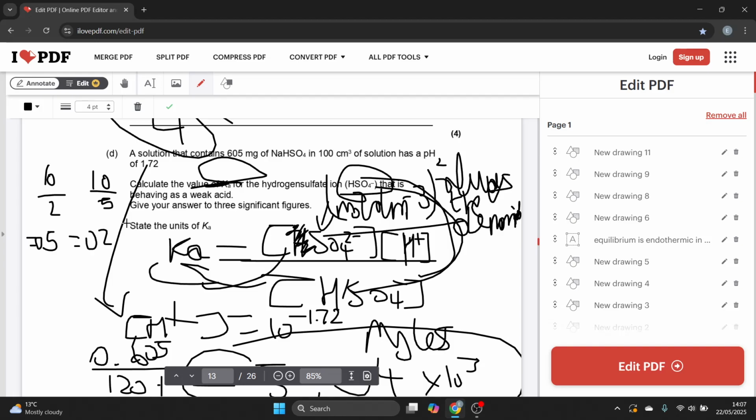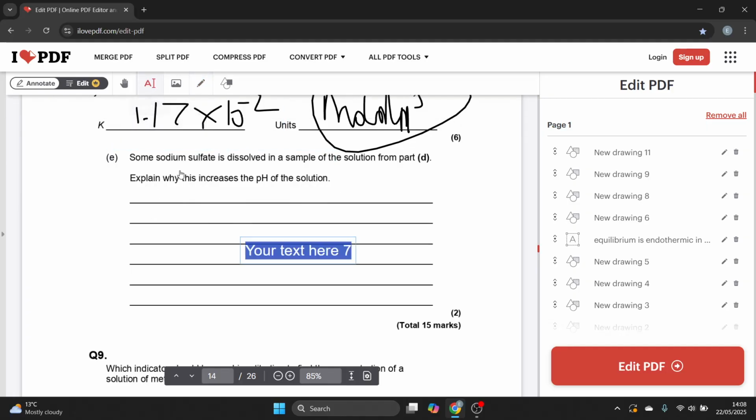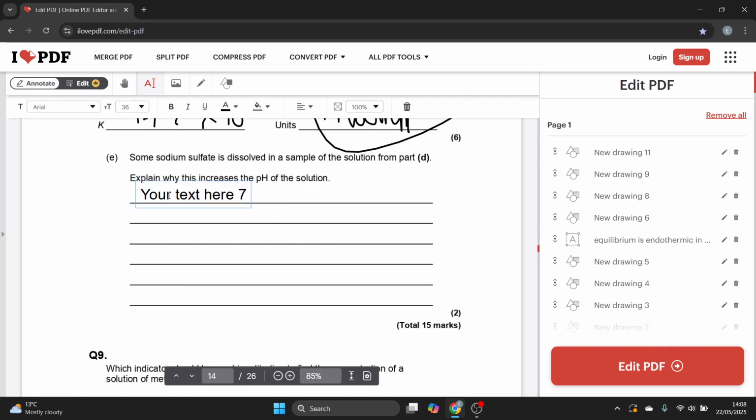So what's the thing that's changed? Same numerator, it's just the denominator. If the denominator gets bigger, I get a smaller number. You might be wondering, Iman, that's obviously extremely basic, everyone knows that. But apply the same logic to this. Therefore, the concentration of H plus is going to decrease. And if that decreases, pH increases. So these kind of questions do require a lot of application, a lot of brain power.